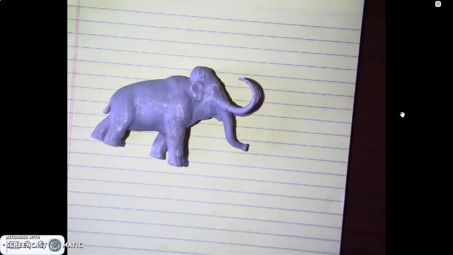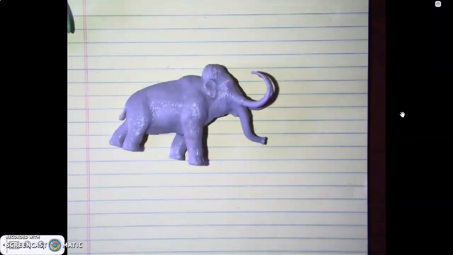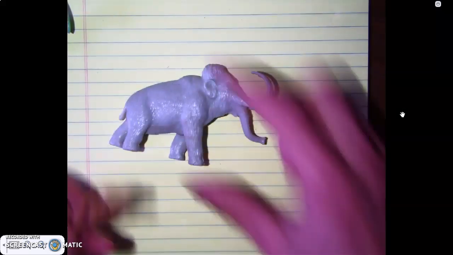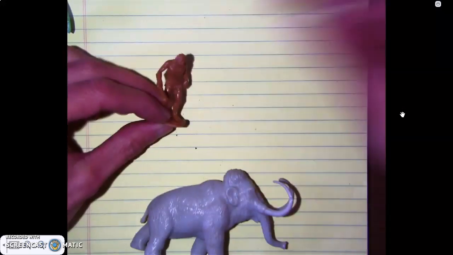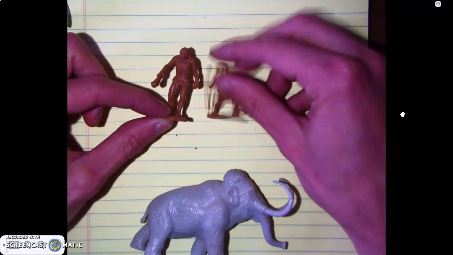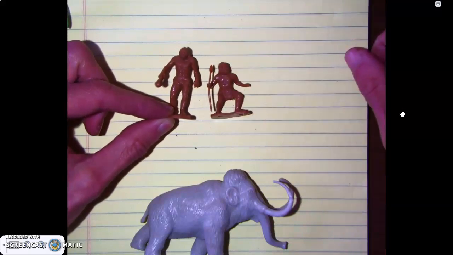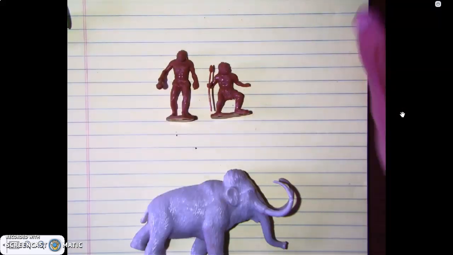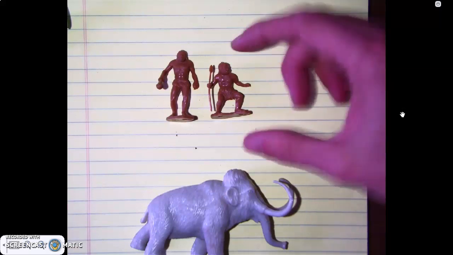So anyway, we've got our mammoths. And then something else that I think is kind of cool about the kit was it also came with early humans. We have an early human with a club and a spear. Humans really came onto the scene about 1.8 million years ago.